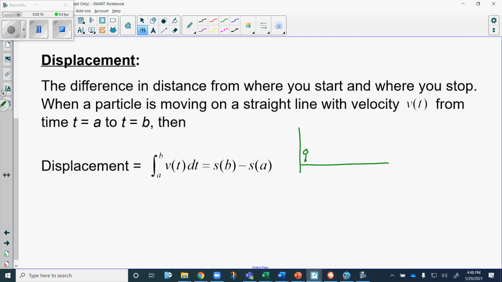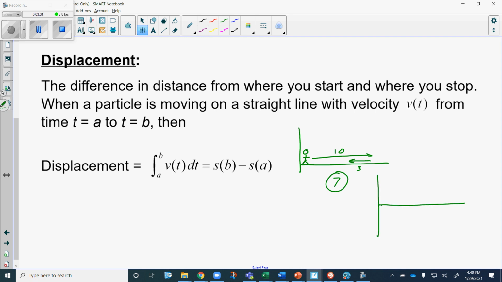I start somewhere and then I walk so many feet this way, but then I have to walk back so many feet this way. So if I walk 10 feet this way and 3 feet back this way, my overall displacement is 7 feet because it can take into account things that would be negative.